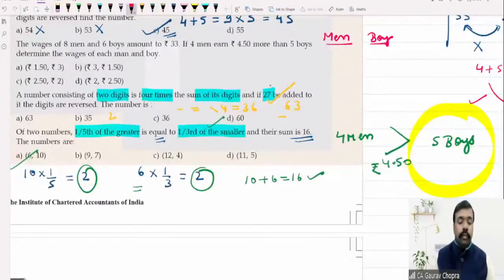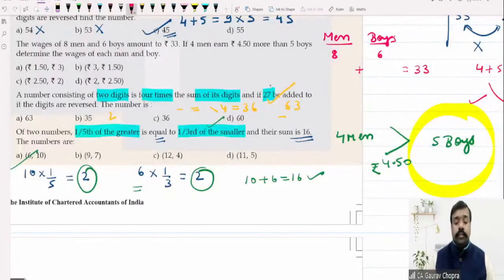Now, how many men are available? 8 men are there. And how many boys are there? The number of boys is 6. And when we add their earnings, the total earning of men plus total earning of boys is equal to 33. This is basically the first condition.